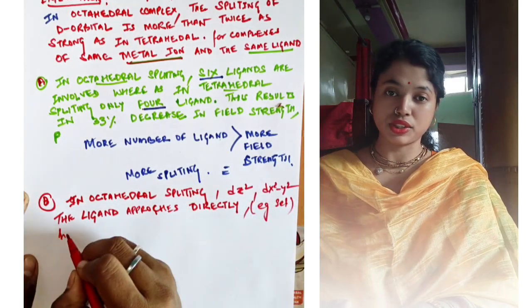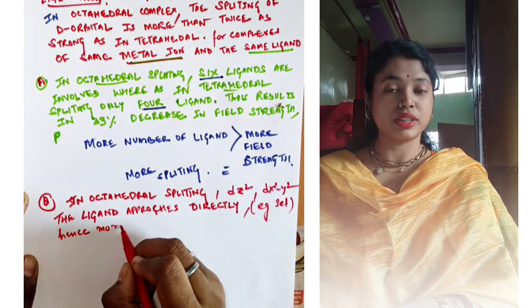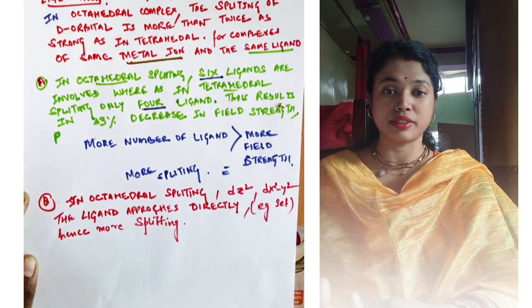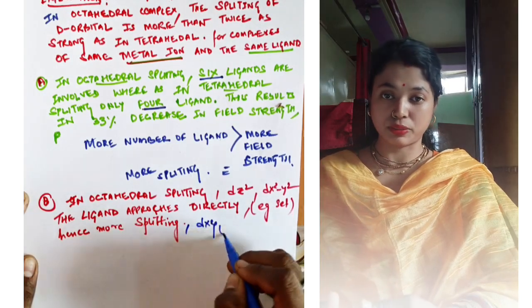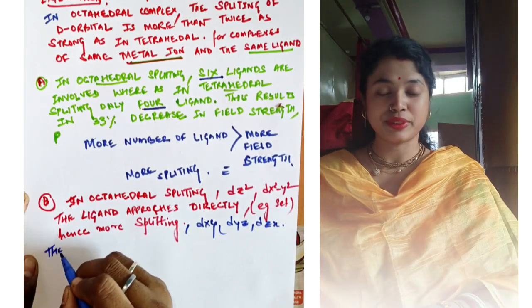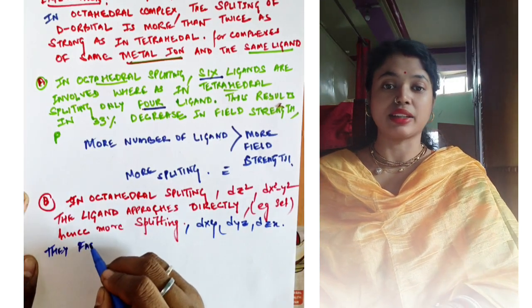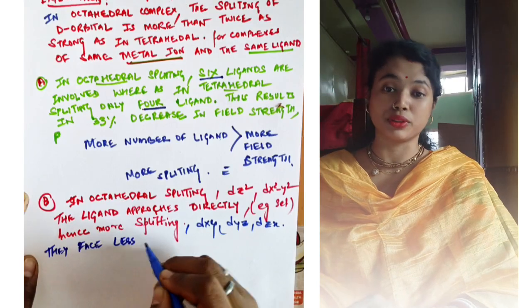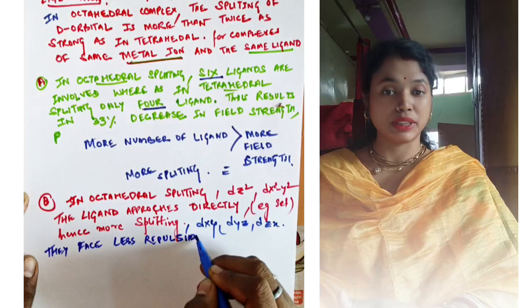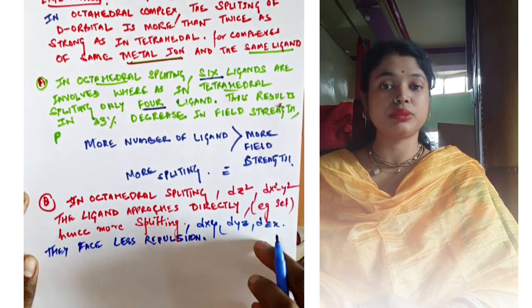Hence more splitting. Then dxy, dyz and dzx face less repulsion.